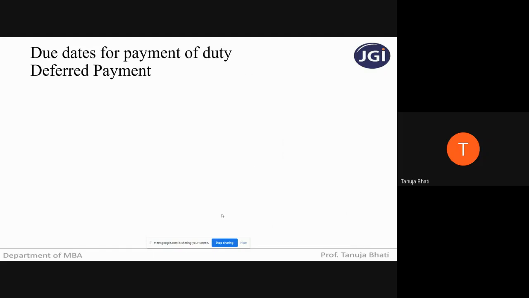Next, let us understand the due dates for payment of duty. Deferred payment is where the importer is supposed to pay the customs duty, but has deferred paying it. So students, regarding due dates for payment of duty, we have already seen what the rate of duty applicable will be.